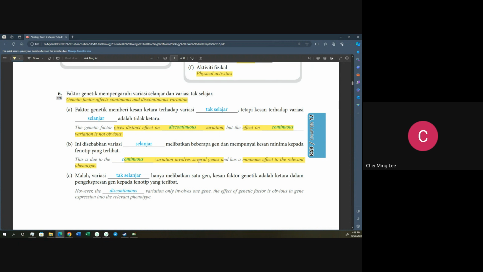However, discontinuous variation normally only involves one gene, so the effect of only one gene will be obvious straight away compared to many genes affecting together. So the effect of the genetic factor is obvious in gene expression into the relevant phenotype.